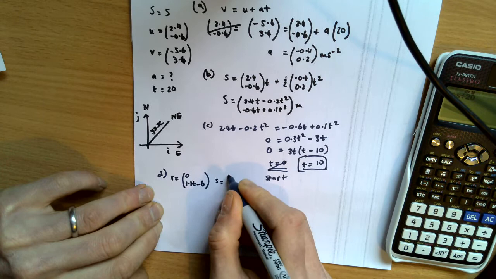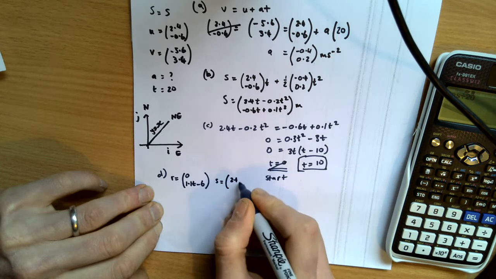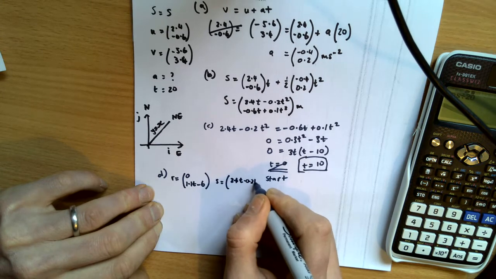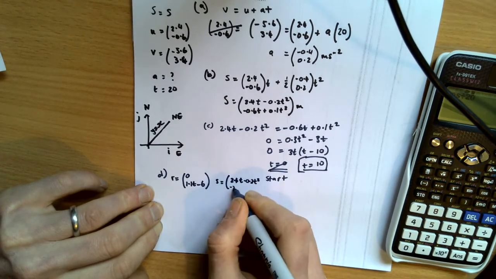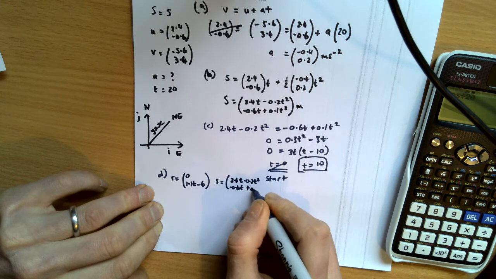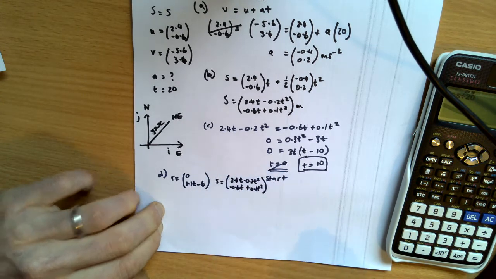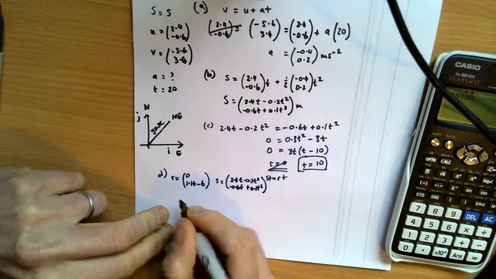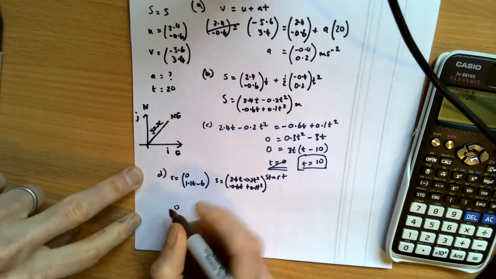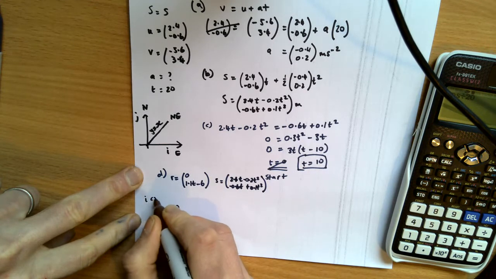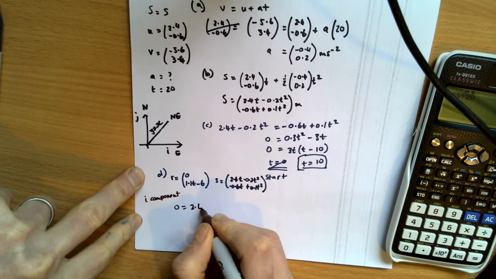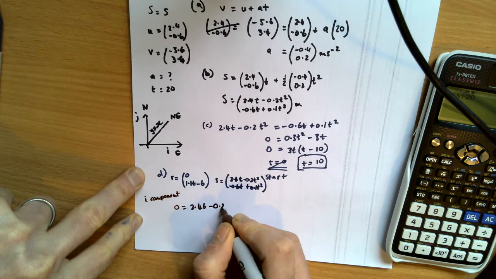So s is equal to 2.4t minus 0.2t squared. Okay, so let's start with the top one. So we're just going to break it down into its i component initially. 0 is equal to 2.4t minus 0.2t squared.